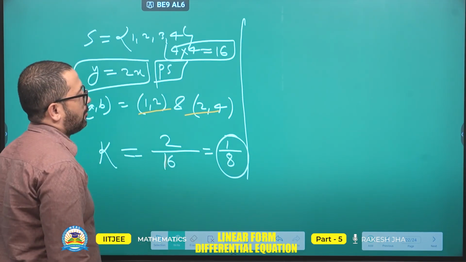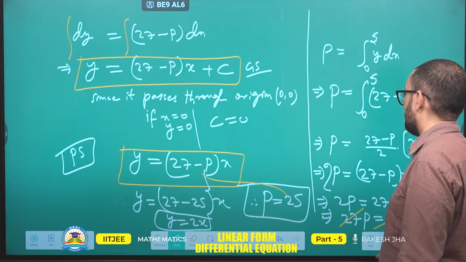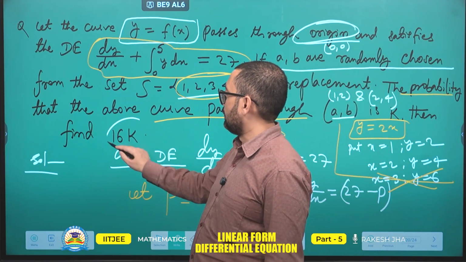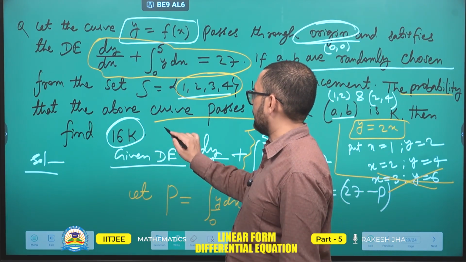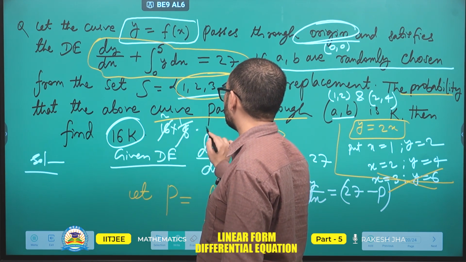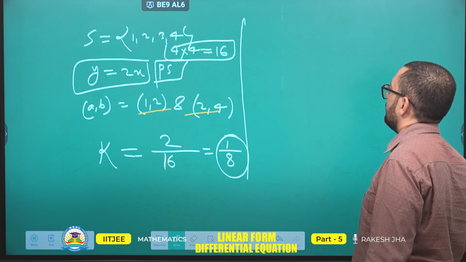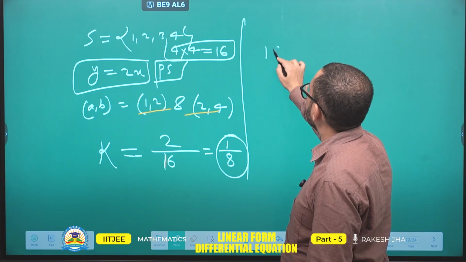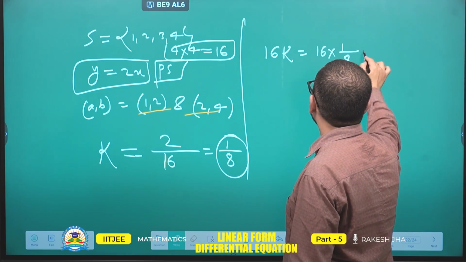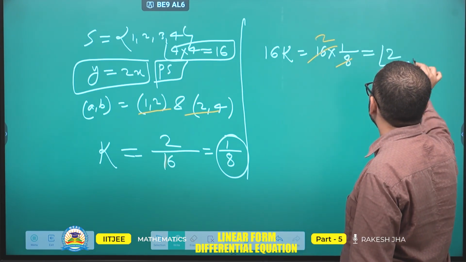Okay, so the value of k is 1 over 8. Now they are asking to find the value of 16k. So 16k will be 16 into 1 by 8, 8 goes into 16 twice, so 2 is the answer. 2 is the answer.